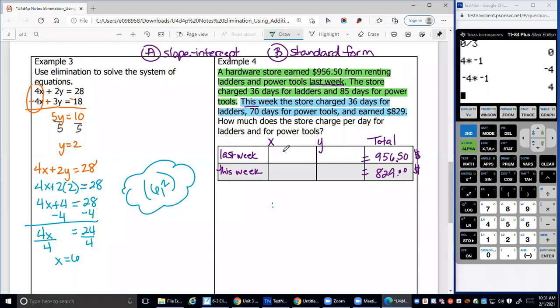So again, I get the impression y'all want to use 36 in here and say 36x, right? And what is 36? 36 is the number of days for ladders. So this would be the number of days for ladders. Sorry, I'm having to write really small. And then this one would be the number of days for power tools.